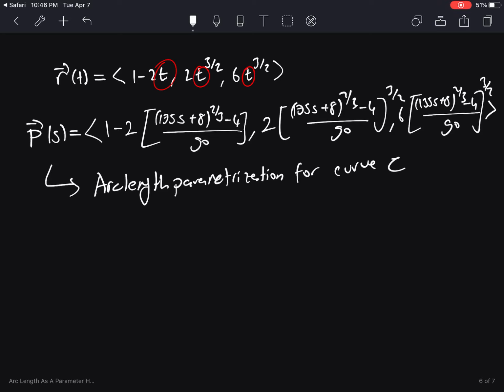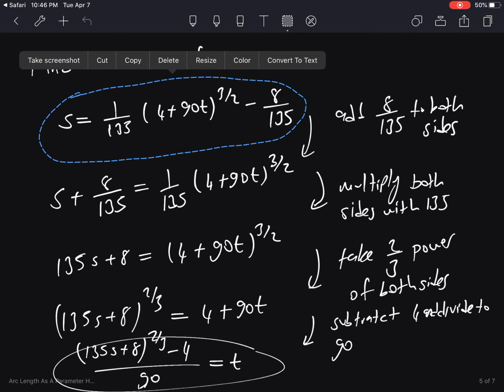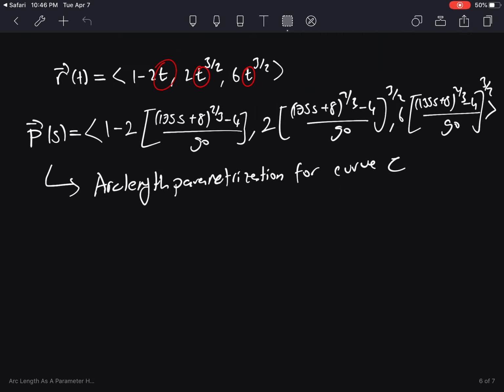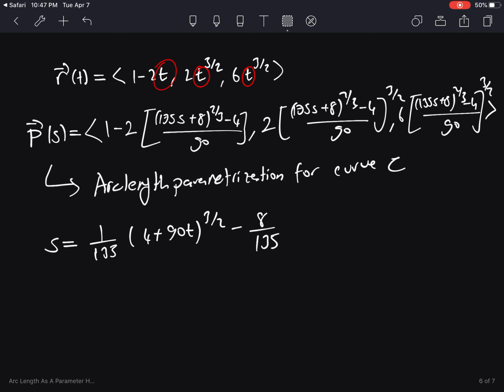Okay, so if you recall, we had this function here, which is s in terms of t. So we know that t was changing from 0 to 2.